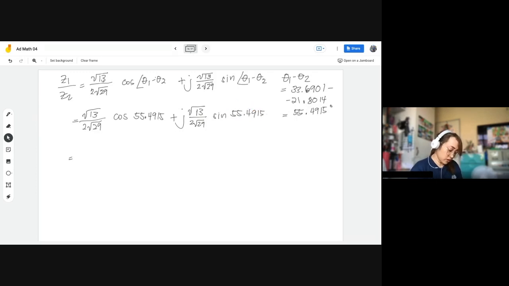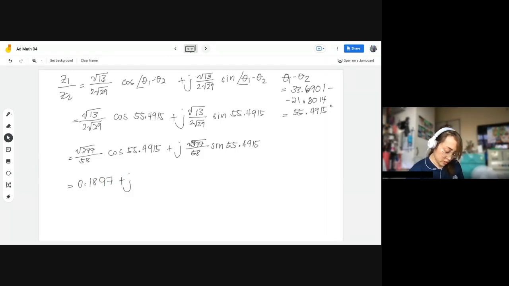We all know that square root of 13 over 2 square root of 29 will give you square root of 377 over 58. Then if you check it again, that is 0.1897 plus j 0.2757, 11 over 58 plus j 8 over 29. Are they the same? So that means it's the same. You solve it in trigonometric form or in division, it will give you the same answers.